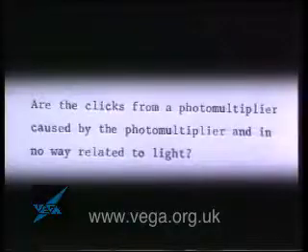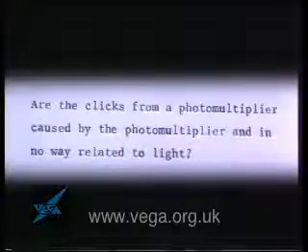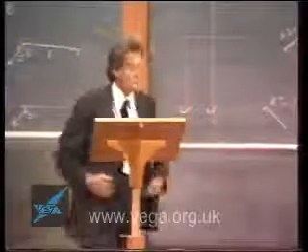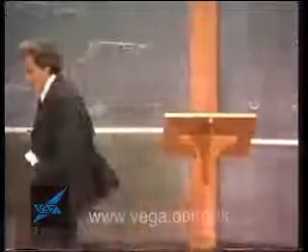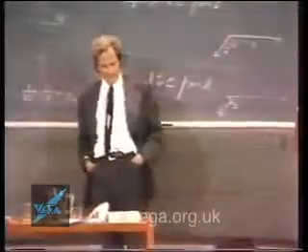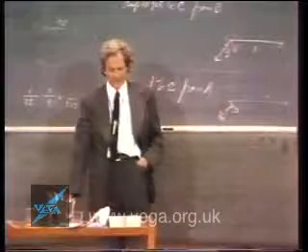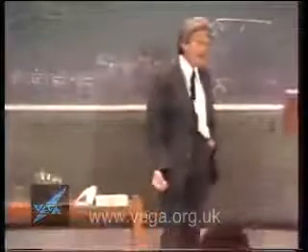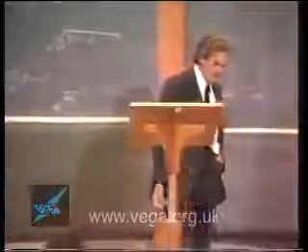Are the clicks from a photomultiplier caused by the photomultiplier and in no way related to light? The question is, when a photomultiplier makes clicks, is it the photomultiplier itself that's making the clicks, or is it light? And the answer is, it's light, in the sense that it's actually quite true that photomultipliers make clicks all by themselves in circumstances in which we've done everything we can to make it as dark as possible.